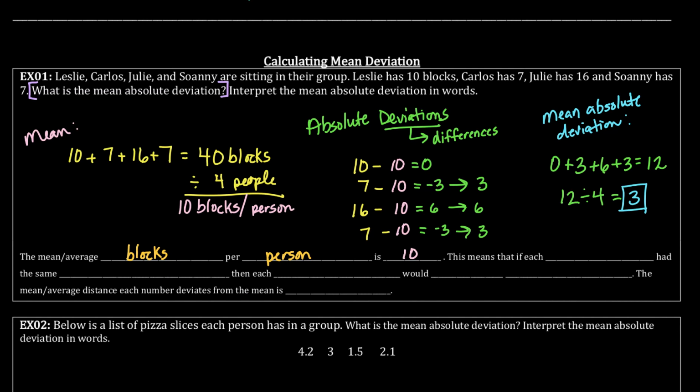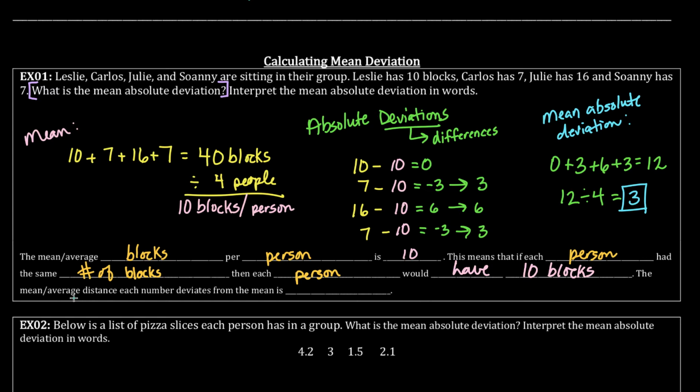That means that if each person had the same number of blocks, then each person would have 10 blocks.